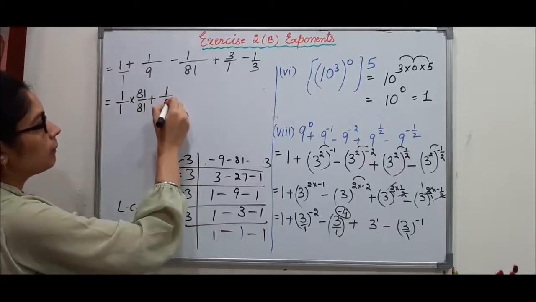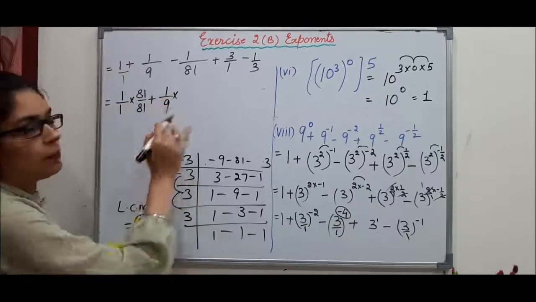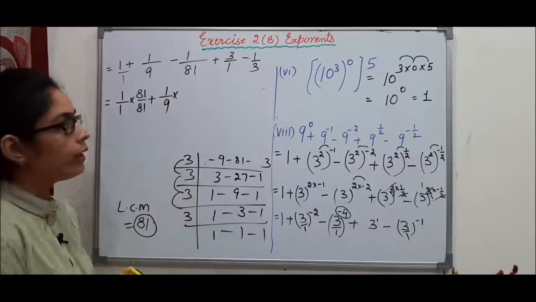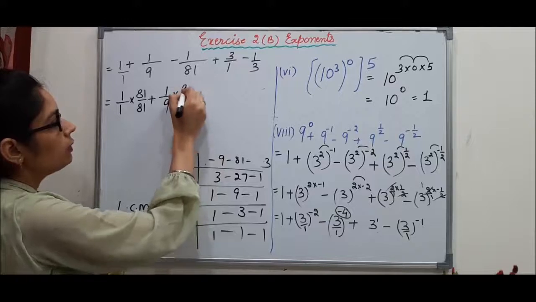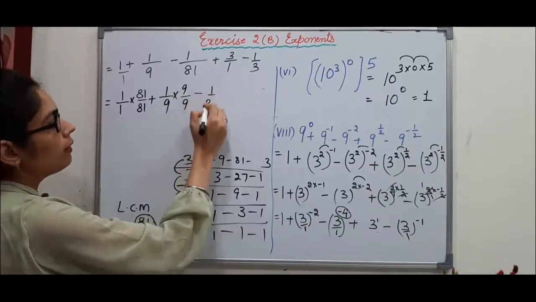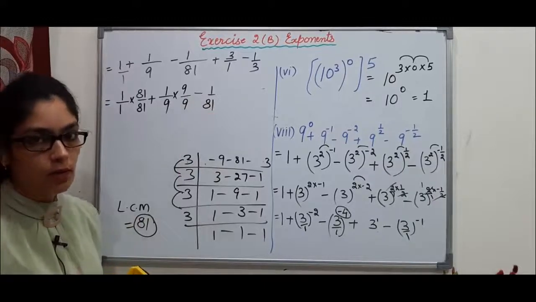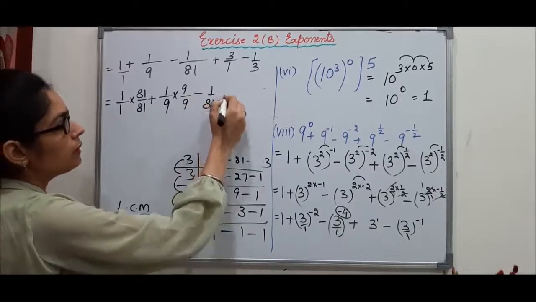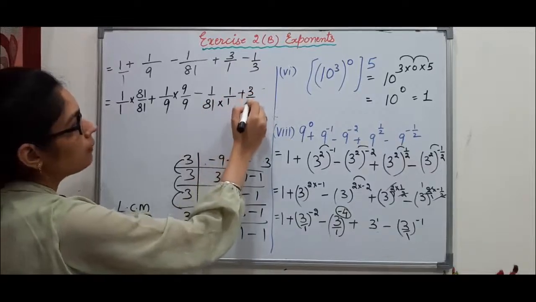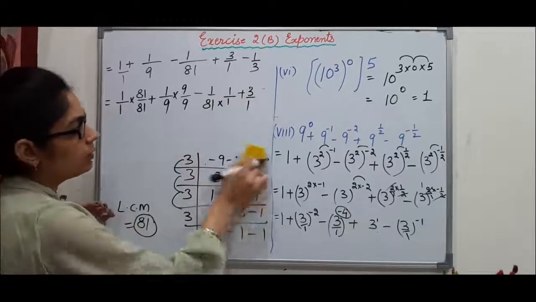So 1 by 9. Again we have to make the denominator equal to 81. So we know 9 into 9 is 81. So with the numerator also we have to multiply with 9, then minus 1 by 81. Here the denominator is already 81. So if we multiply it with 1, it will remain the same, plus 3 by 1.